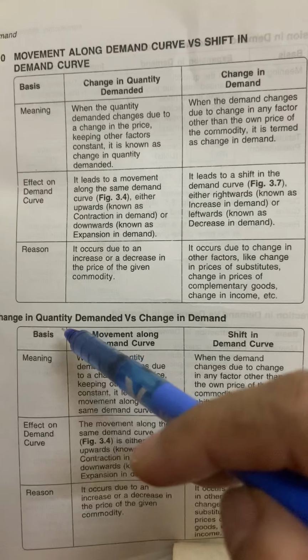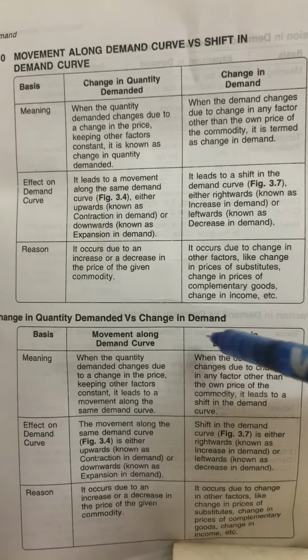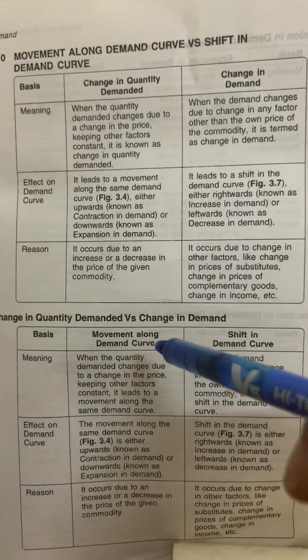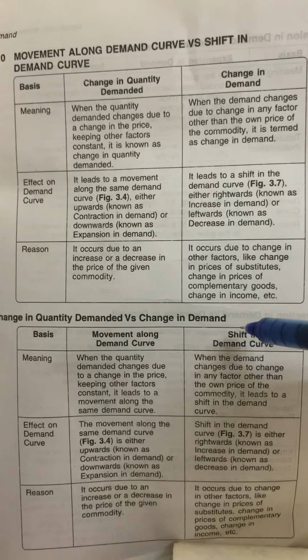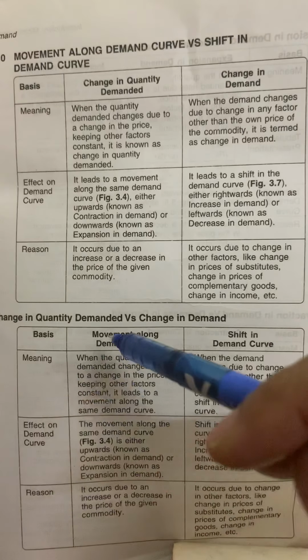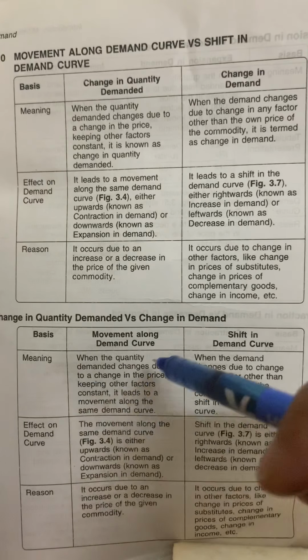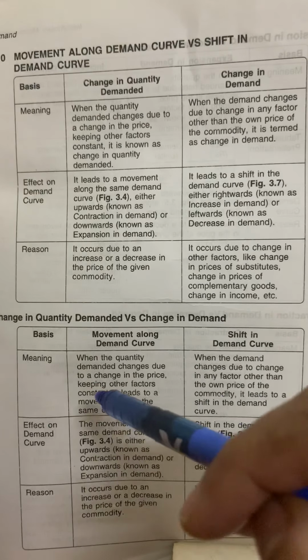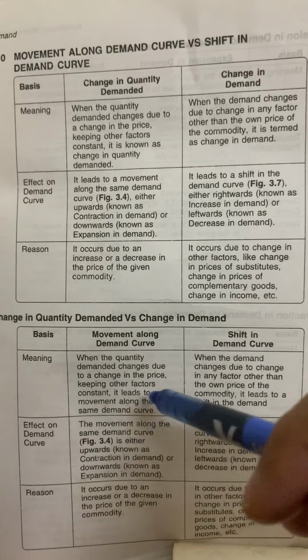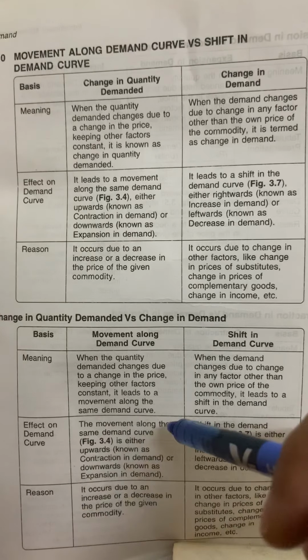Next is change in quantity demanded versus change in demand. This is movement along the demand curve and shift in demand curve, meaning: when the quantity demanded changes due to a change in the price keeping other factors constant, it leads to a movement along the same demand curve.